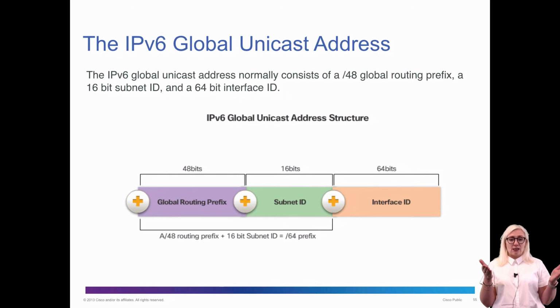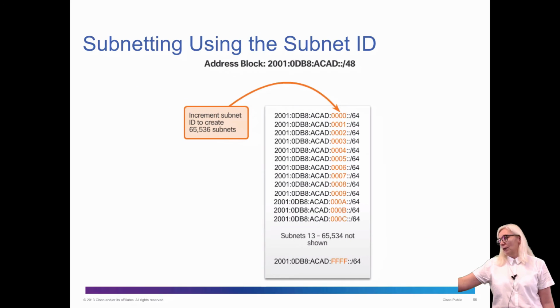Normally we have a /64 prefix on IP version 6. 16 of the 64 bits are created as a subnet ID, whereas the first 48 bits are the global routing prefix. So we can actually divide among the subnets here in the 16 bits of the IP address.